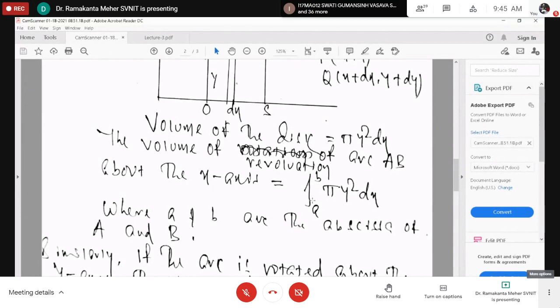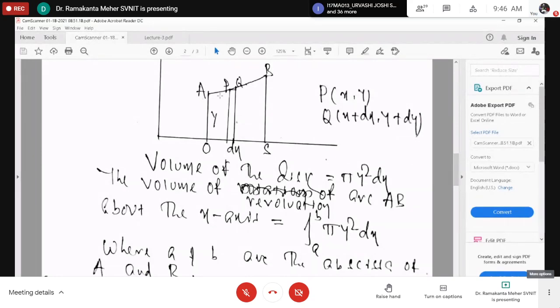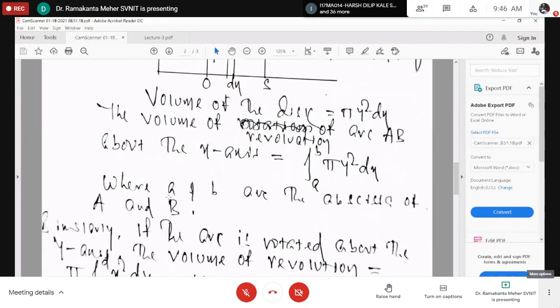Our integration ranges from a to b of pi y square dx. So what are a and b? a and b are any 2 points on the arc AB. Okay. So a and b are the abscissa of A and B.